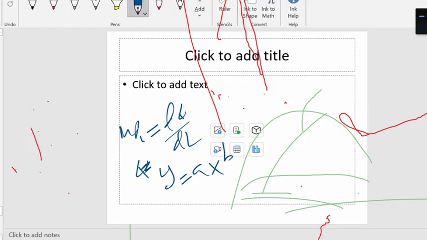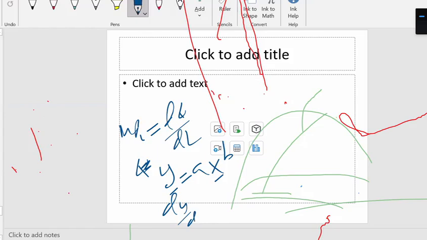Ukiwa una differentiate y with respect to what? X. Manake dy ukidifferentiate to x, hii b lazima ije wapi? Ije huku. Kwa hiyo itakuwa ni a mara b. Umeelewa? Hii b exponential lazima uilete huku, sawa? Alafu hiyo x, hiyo b ya juu lazima utoe ngapi? Utoe moja. Umeelewa?